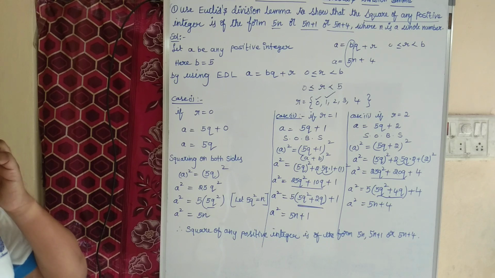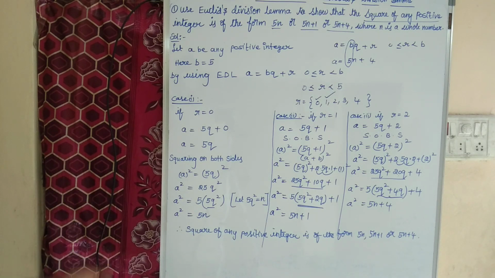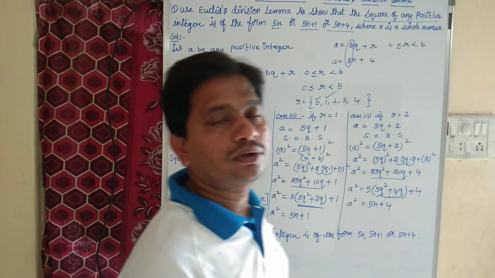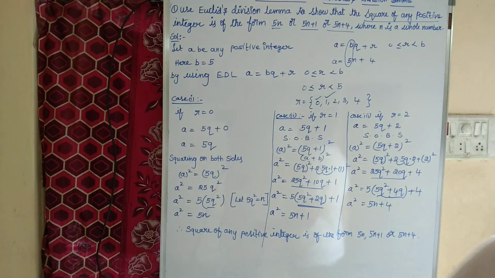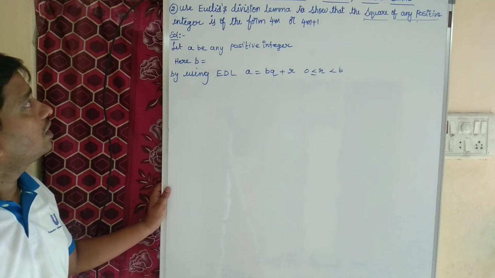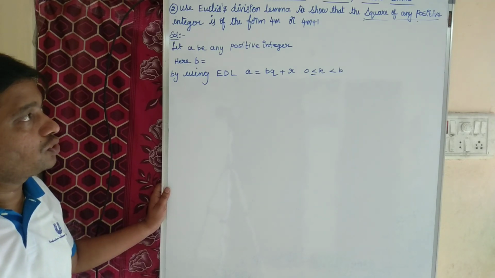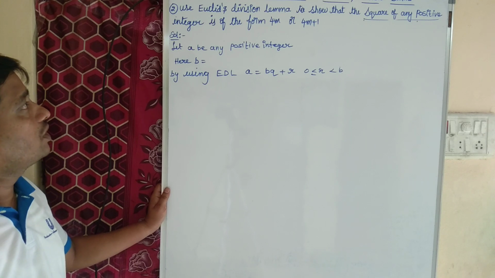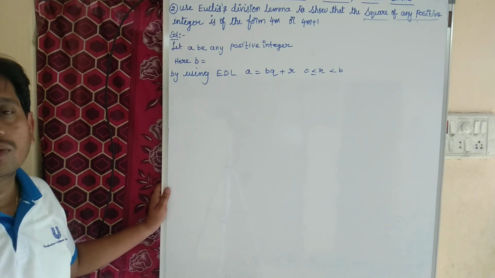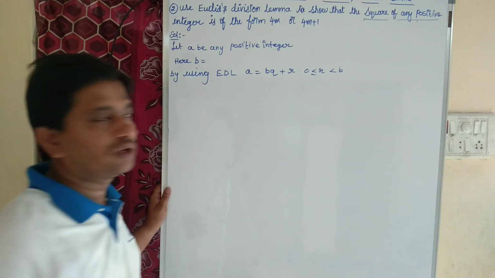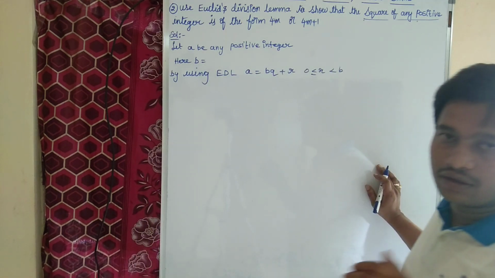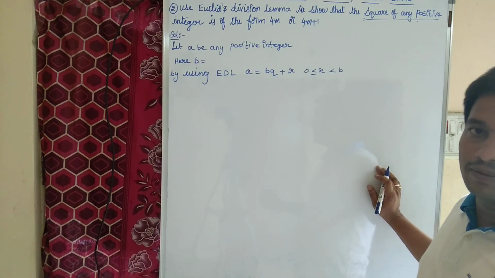Children, did you understand? Okay. Let us explain one more question based on the same concept, squaring on square of any positive integer. Now coming to second question. Use Euclid division lemma to show that square of any positive integer is of the form 4m or 4m plus 1. Previously 5n plus 1 or 5n plus 4.